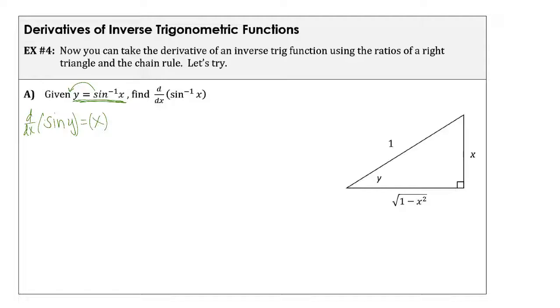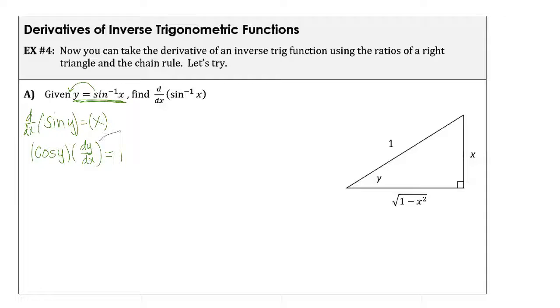The derivative of sine of y is cosine of y, but we've got to also multiply by the derivative of y, which is dy dx, or y prime, whichever you want to state. And then over here it is equal to 1.